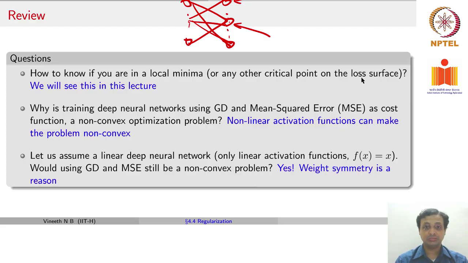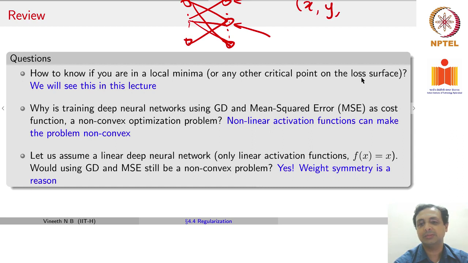Will the output change? No, because the weights are the same. We have simply changed the ordering of the weights in one of the layers. But on the error surface, this corresponds to a very different position. Why so? Let's take an example of 3 dimensions.